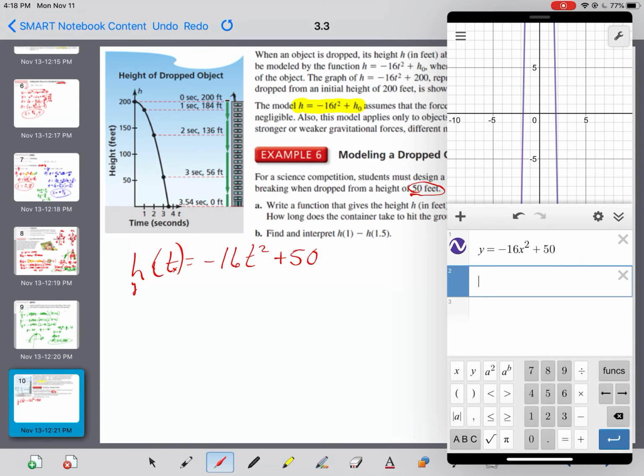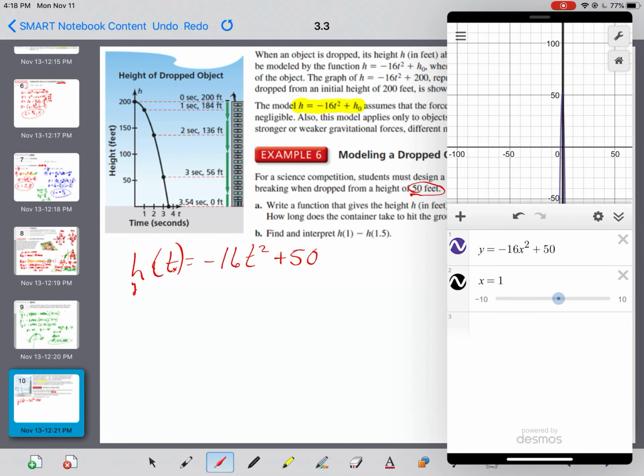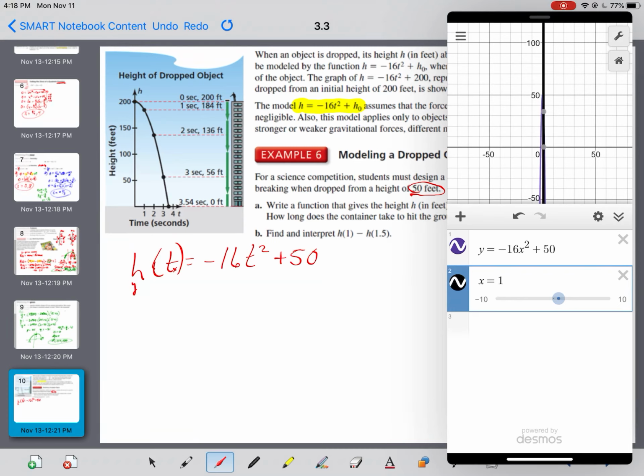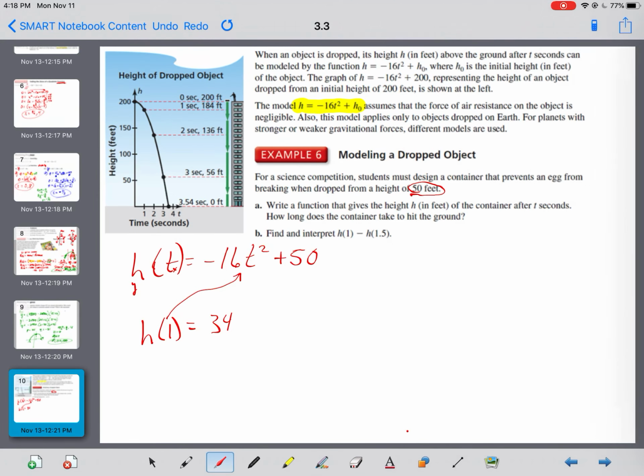If we say x equals 1, where do they both touch? 34, so h of 1 equals 34, and all we're doing is plugging 1 into this. 1 squared is 1. 1 times negative 16 is negative 16. Negative 16 plus 50 makes 34.